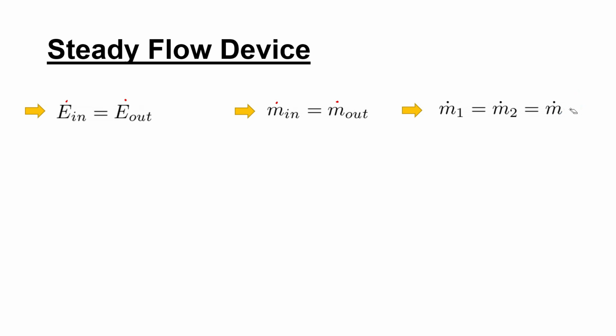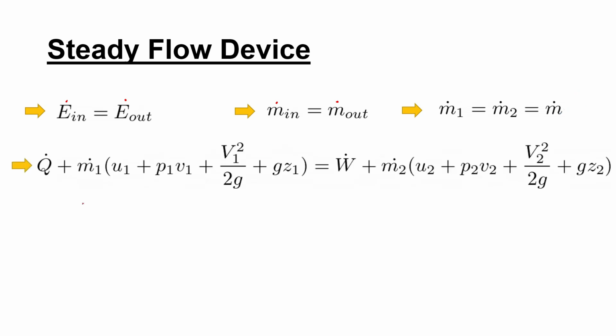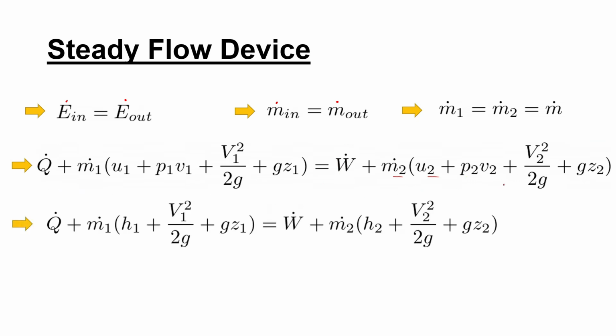So we will use these terms in the equation. We have found that E dot in is equal to Q dot plus m1 dot into this term, and E dot out is equal to W dot plus m2 dot into (U2 plus P2 V2 plus V2 square by 2 plus g Z2).